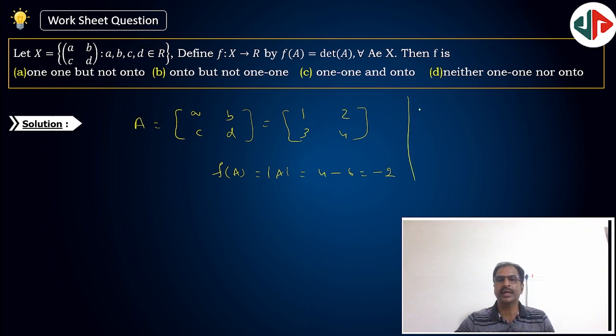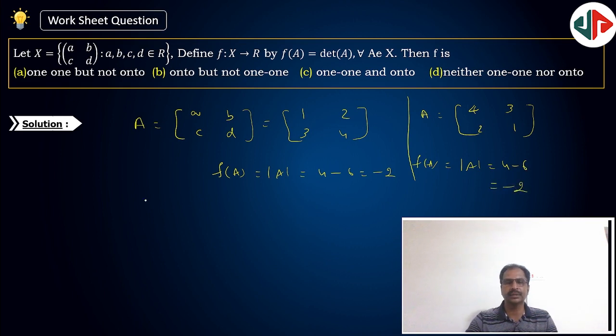Now I am taking another matrix like this. This is a different matrix from this. But what is f of A here? Det A: 4 minus 6, minus 2, which means different elements are having the same image.